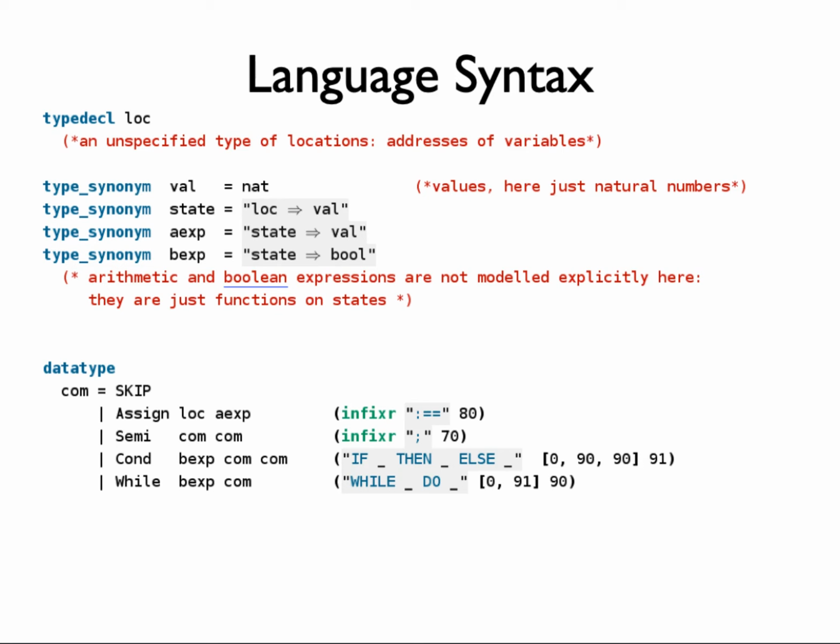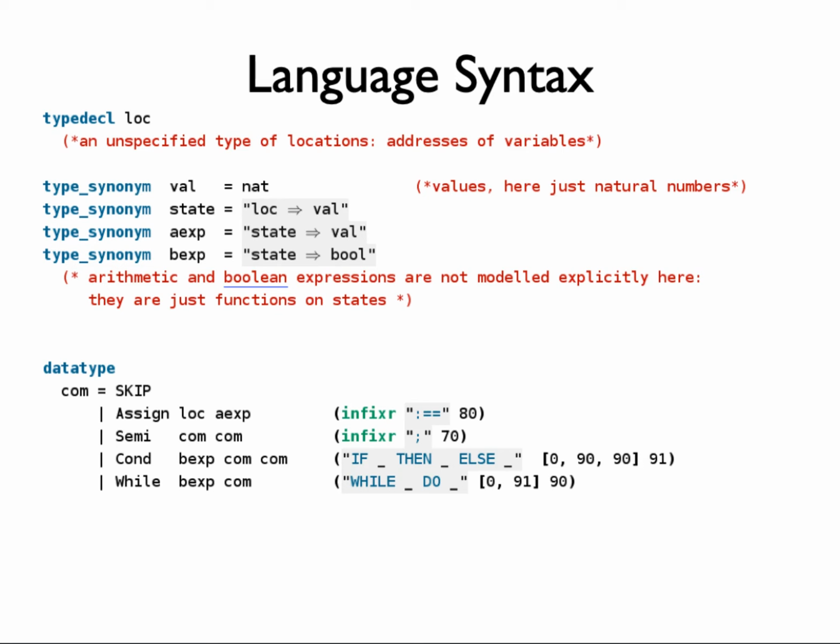Now we're going to do a rather ugly thing here, and this is because I'm going to give you a semantics of commands for our while language. So we'll have while, if, and so on commands. As for expressions, to keep things really simple, we will not have a syntax for expressions at all.